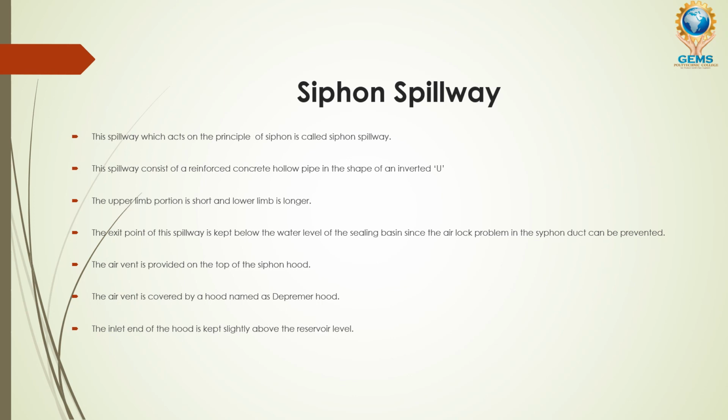There will be a large blue structure attached to this siphon spillway, which prevents the air vent from being damaged. This is called the deprimer hood, and the inlet end of the hood is kept slightly above the reservoir level. You can see it in the picture I have shown in the previous slide.